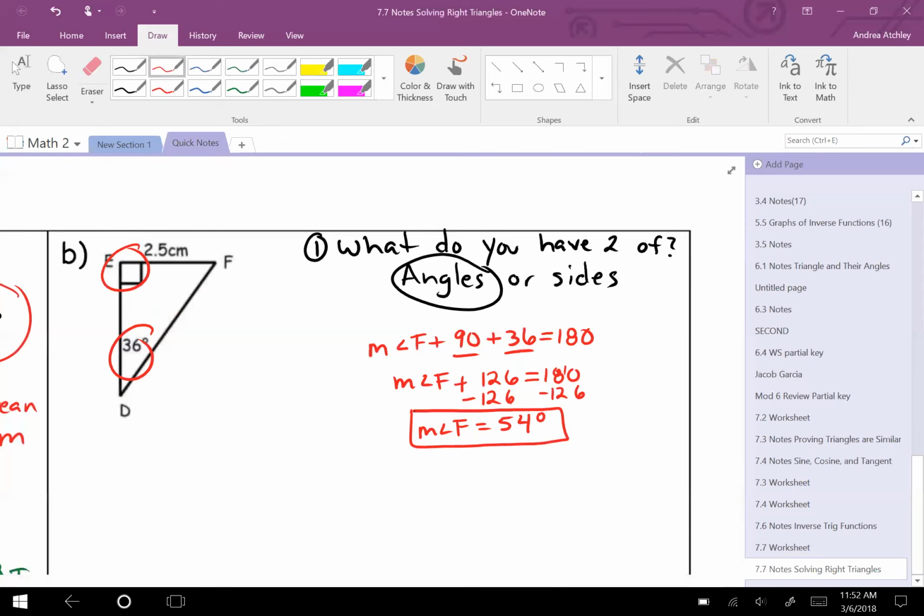Okay, next step now, number 2. Use trig to find the missing sides.